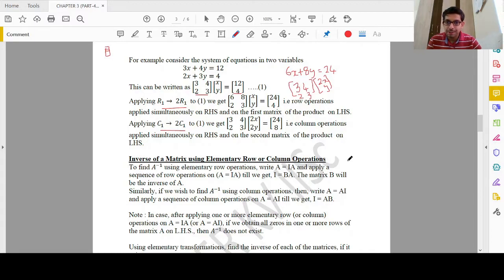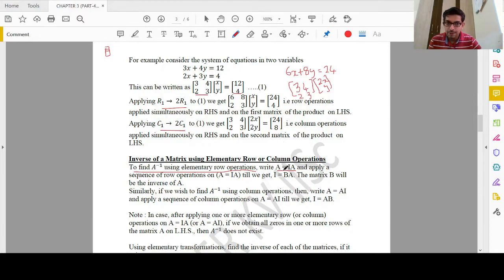So in order to use this for finding the inverse of a matrix, to find A inverse using elementary row operations, we have to write A equal to IA. A can be written as both IA and AI. Since we are applying row operations, we have to write A equal to IA.